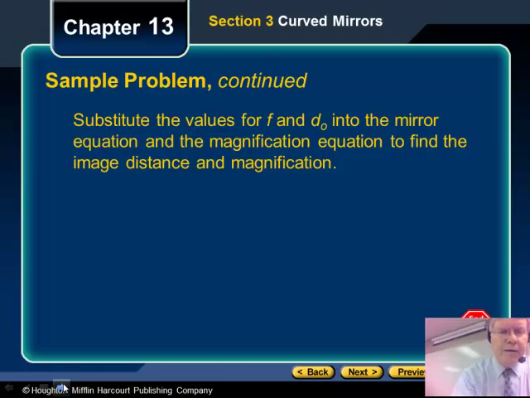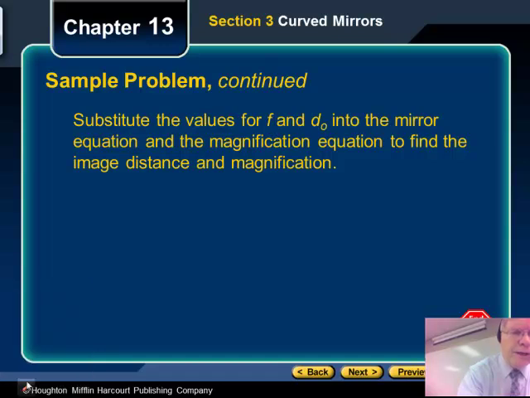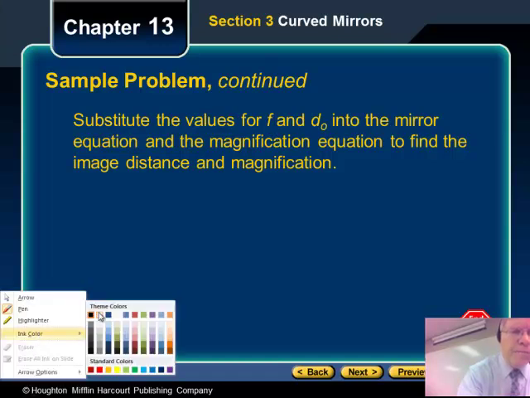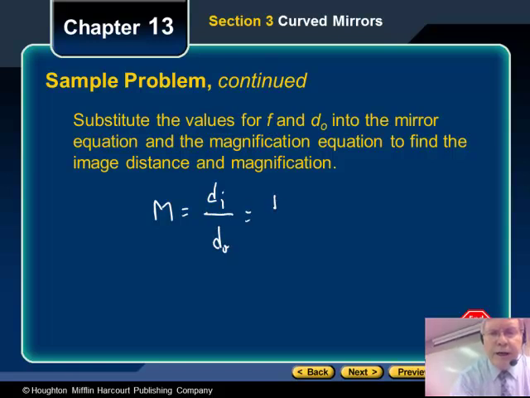However, we still need to solve for the magnification. So let me get my pen set up here, and we will do that. We have magnification is equal to the image distance over the object distance. And we had calculated our image distance to be 15 centimeters. Our object was at 30 centimeters.